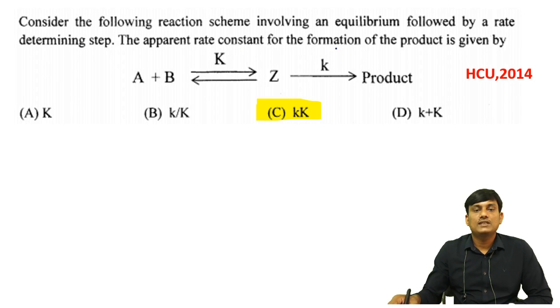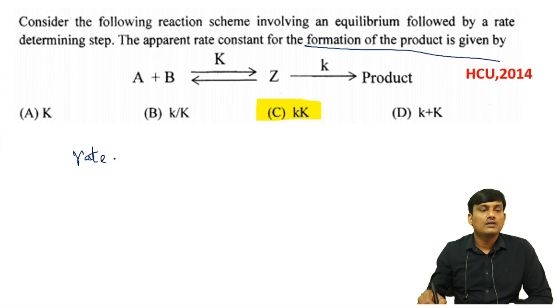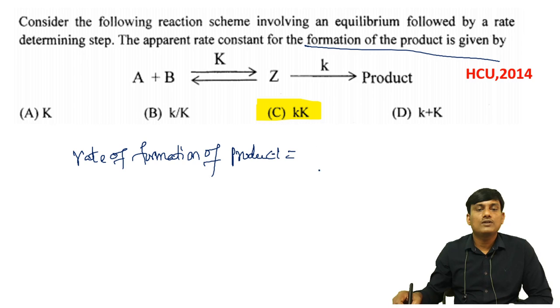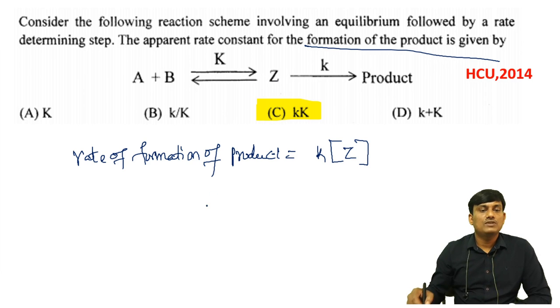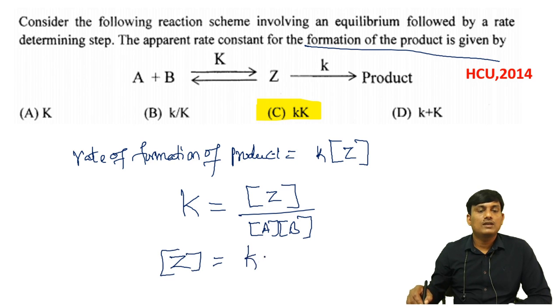The apparent rate constant for the formation of the product is asked. Here, the rate of formation of product is equal to the rate constant k into the concentration of Z. From the equilibrium, the concentration of Z can be written as: we know that capital K, the equilibrium constant, is equal to the concentration of Z by the concentration of A into the concentration of B. So the concentration of Z is equal to capital K into A into B.